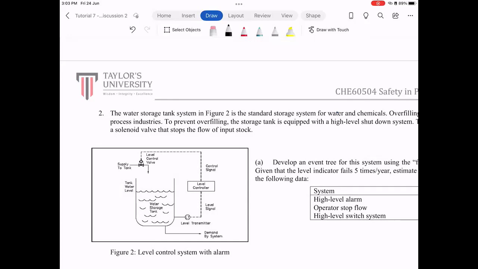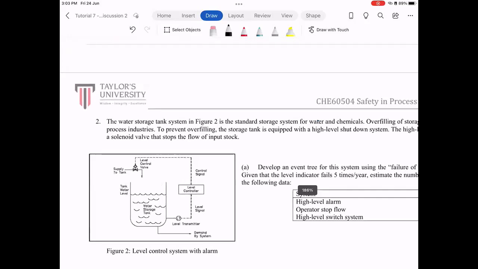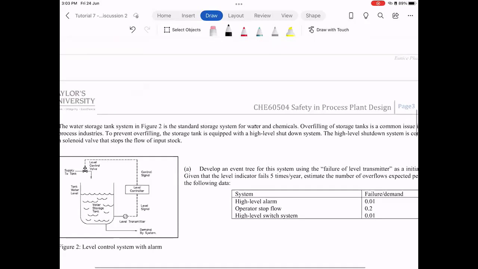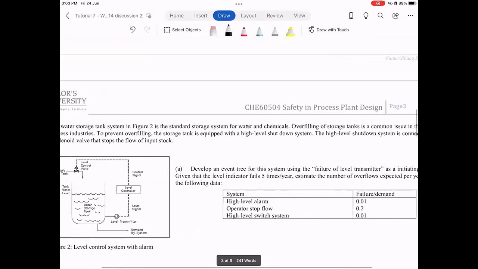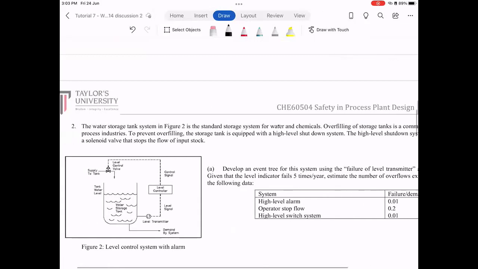So we also have a second system that is not being drawn in here, but it's being written down here, that is equipped with a high-level shutdown system. So this high-level system is an external system. This will shut down this.